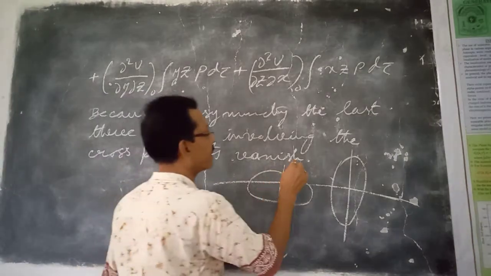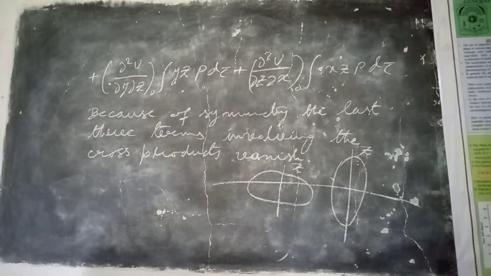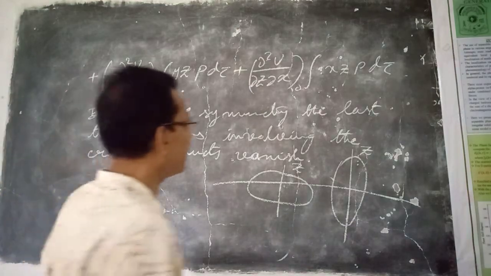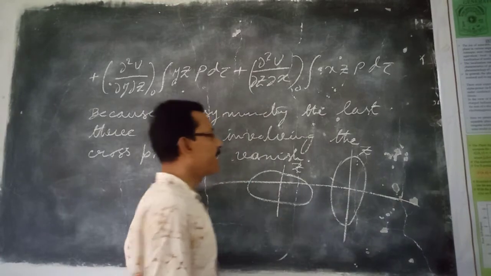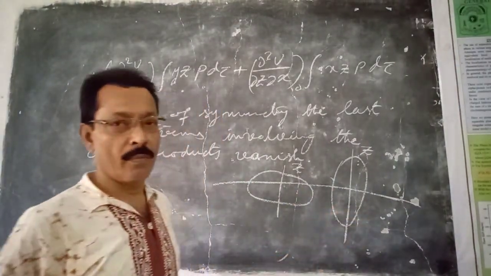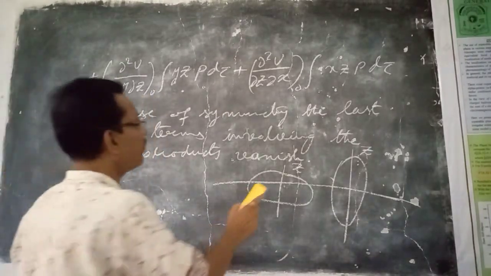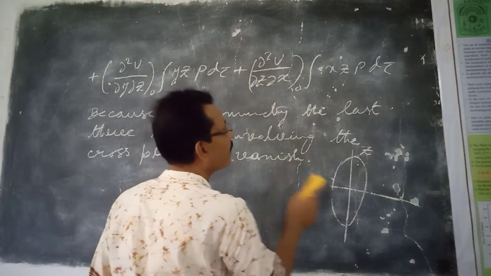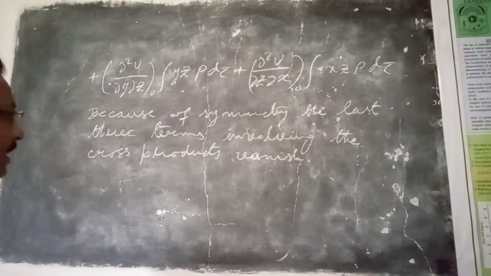So this is your z axis, the symmetry axis. So the integration over x square, in the xy plane, or the integration of y square will be the same. That will give you the same results. So if we calculate any one of them, either x square or y square, then we get the result of the other.